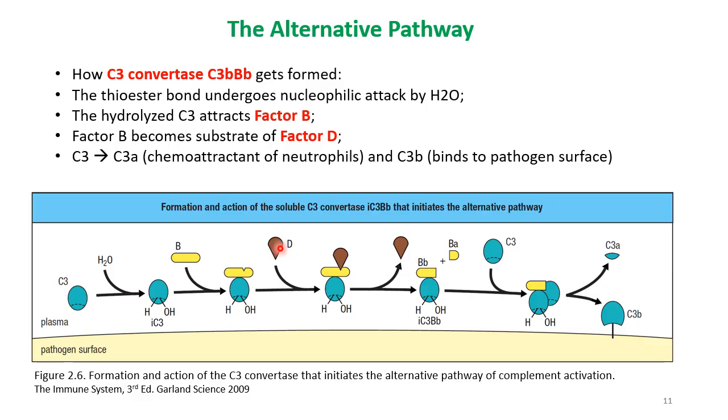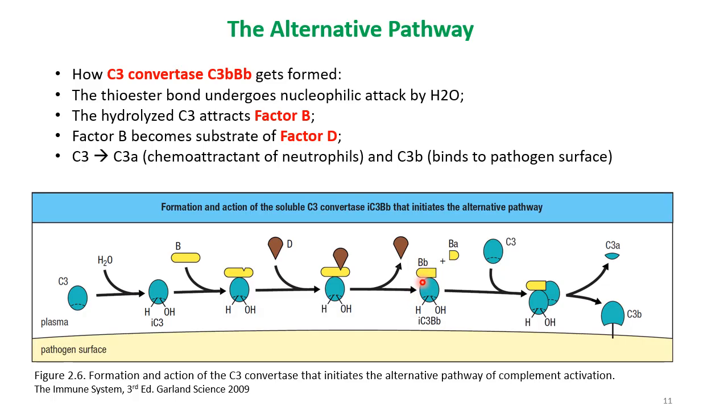So D here is the enzyme, cuts a piece of factor B. Factor B is part of your complement system. So you're going to have two pieces that are going to come out of it. One piece is going to stay bound. The other piece is going to fly away. Okay? With the piece that stays bound, here you have your iC3 bound to Bb.